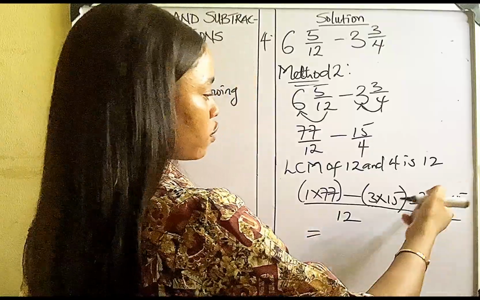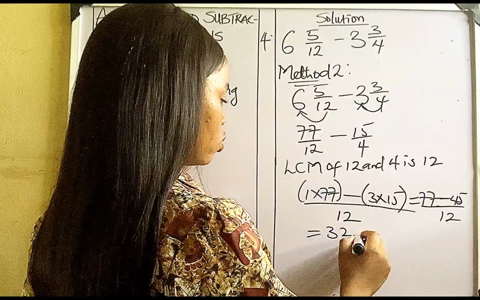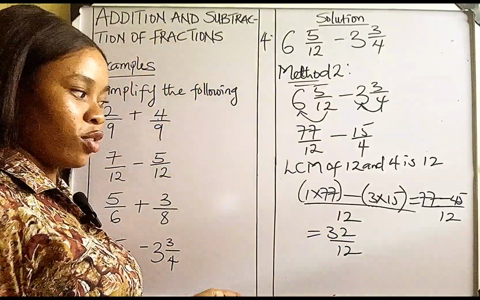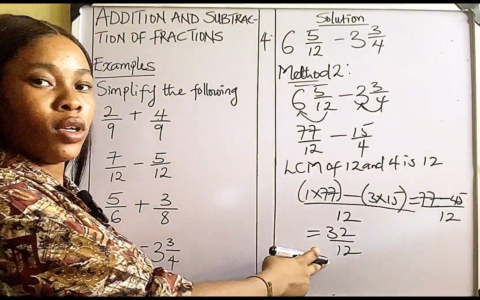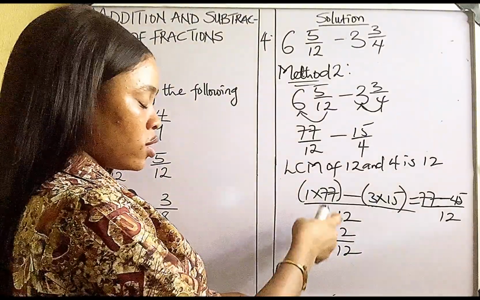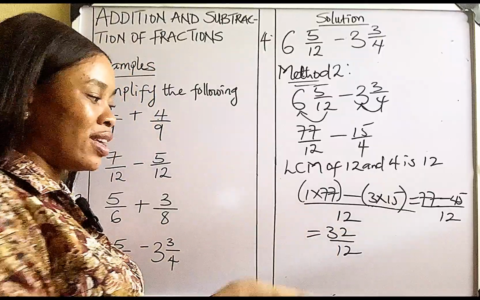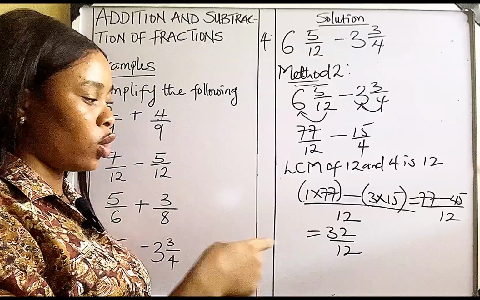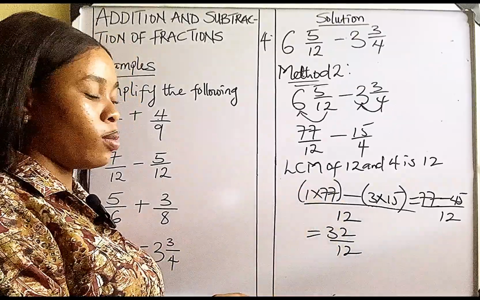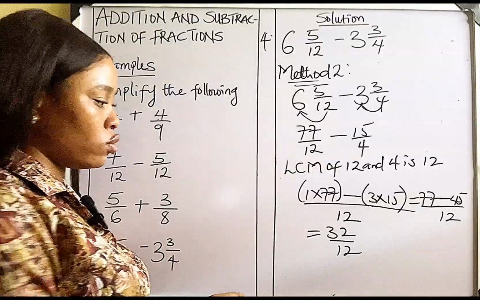So this gives us 77 minus 45, that is 32 over 12. Now, this cannot be our final answer. One, it can be reduced to its lowest term, and two, it is an improper fraction. I hope you can see that. So we have to first reduce it to its lowest term and then convert it to a mixed fraction.